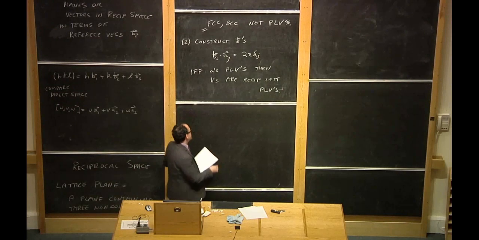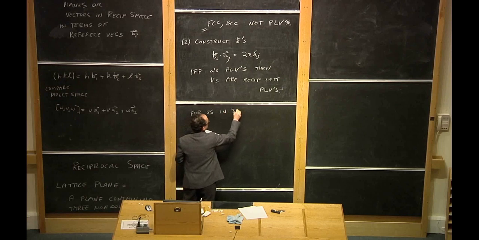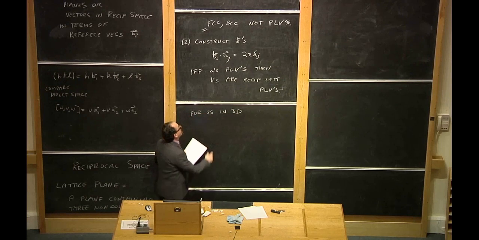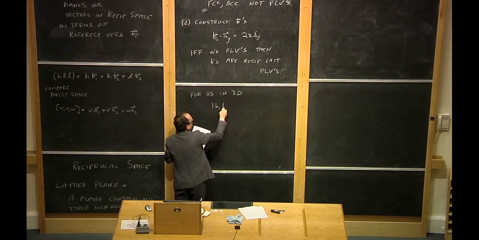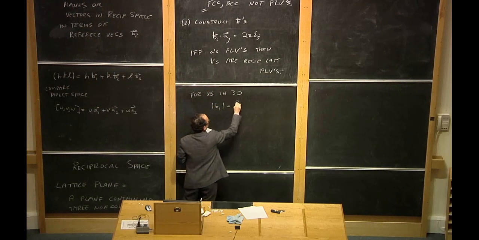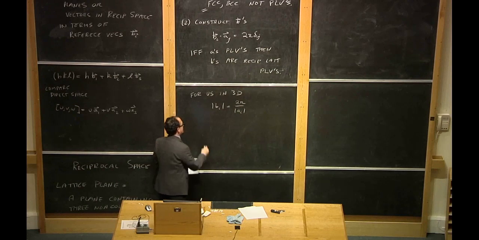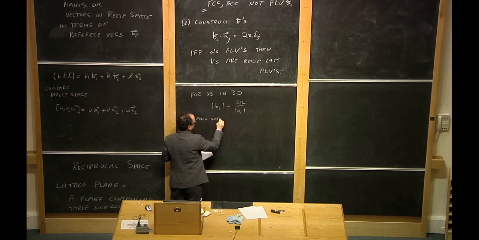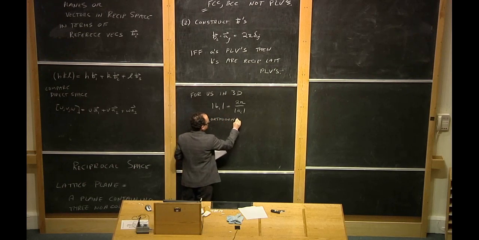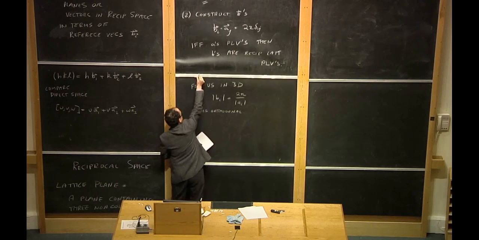Again, for us, since we are always using orthogonal axes in 3D, it will always turn out to be the case that the absolute value of b_i equals 2π over the absolute value of a_i, because the axes are orthogonal. So that makes life a lot easier.